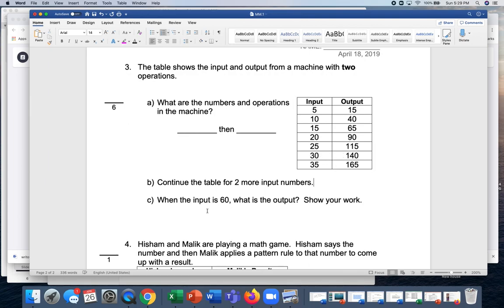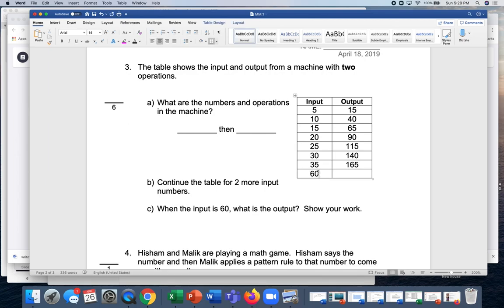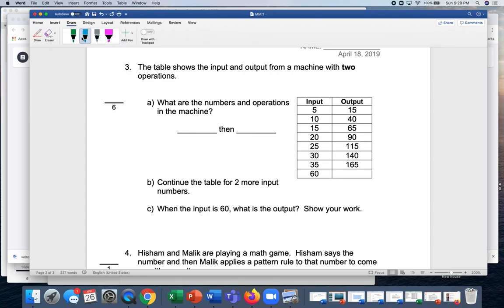The next thing they want is, what if this is 60? How can we figure that out? The way you get full marks, double points, 2 marks, is for the answer and also for showing your work. We know it is times by 5 and then subtract 10.